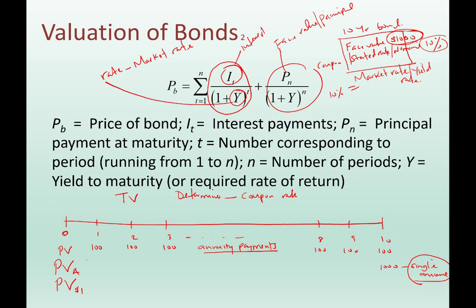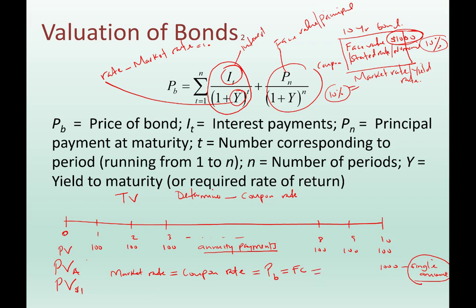So that represents the market rate, which in this example, I'm assuming is also 10%. So in this case it will be the same. So this is a bond where the market rate is also the same as the coupon rate. And therefore, if that is true, then the price of this bond will be the same as the face value.